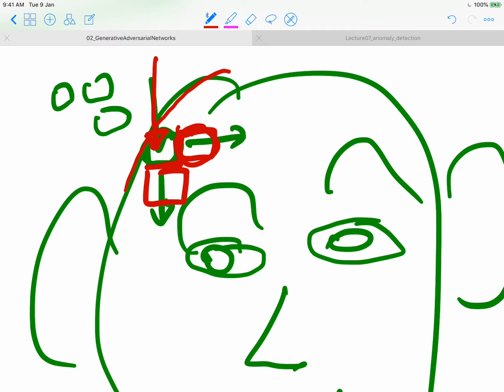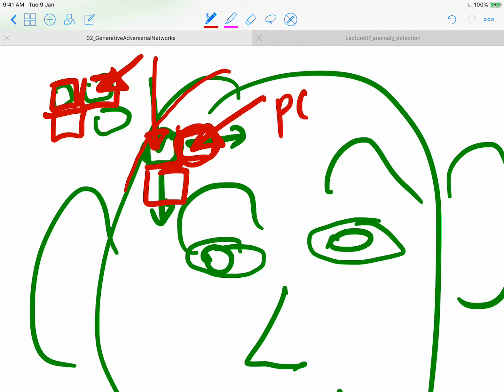If it is black, we still have a high probability of seeing another black pixel on the right or on the bottom, right?